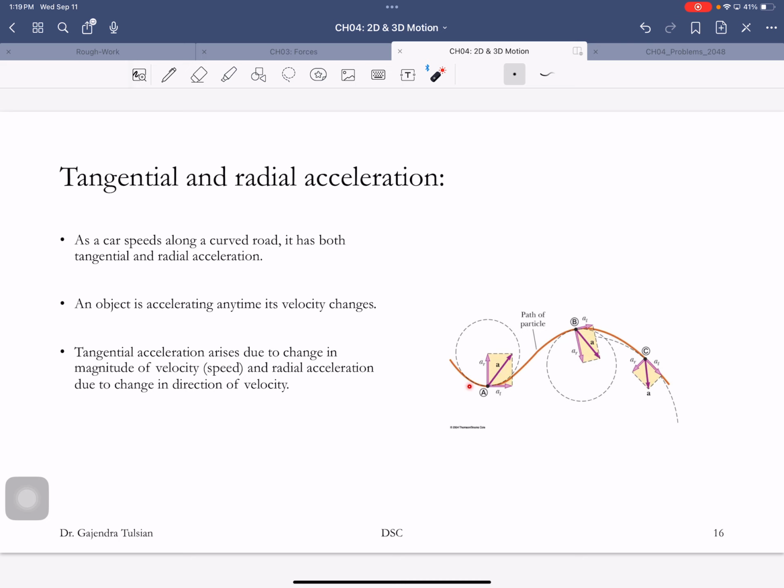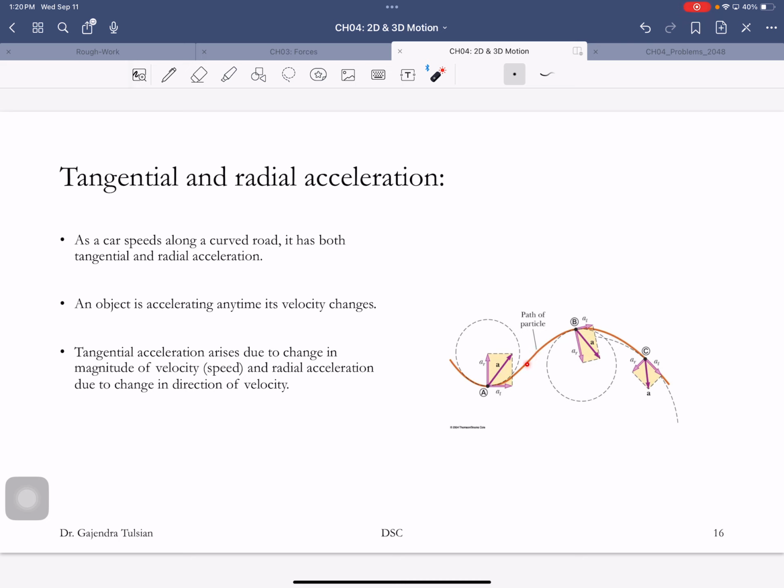So here's a curved trajectory. When you have tangential acceleration, what does that mean? Speed, so you didn't change the direction. Very good. This acceleration is due to the change in magnitude of the speed. This acceleration is due to the change in direction.